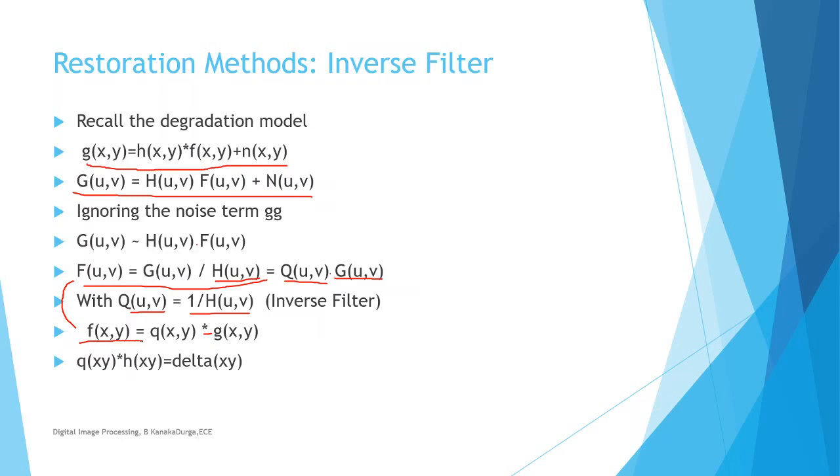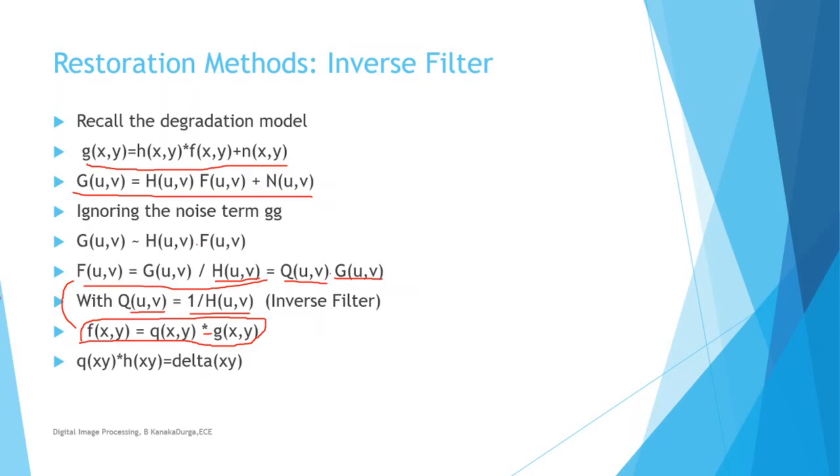So in the spatial domain, the inverse filtering equation is f of x comma y equal to q of x comma y convolved with g of x comma y, where q of x comma y is equal to 1 by h of x comma y.